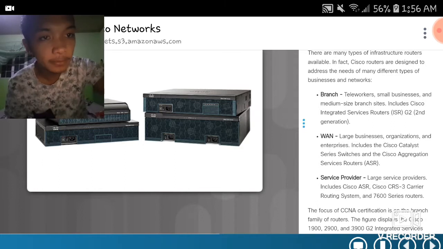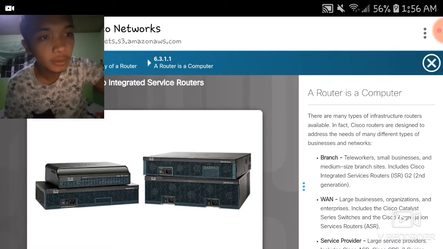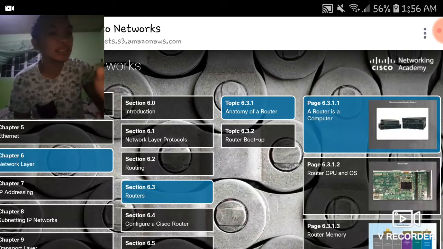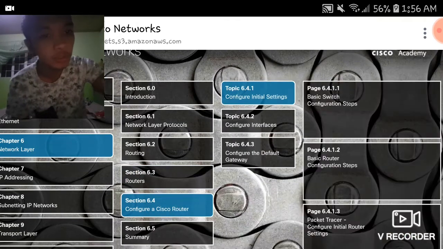That's for the router. A router is a computer.